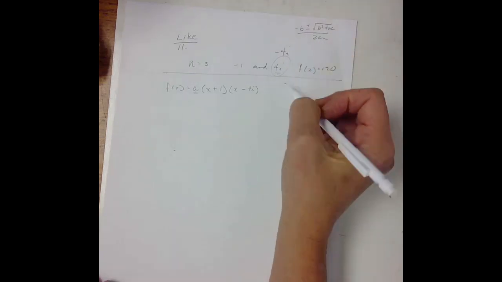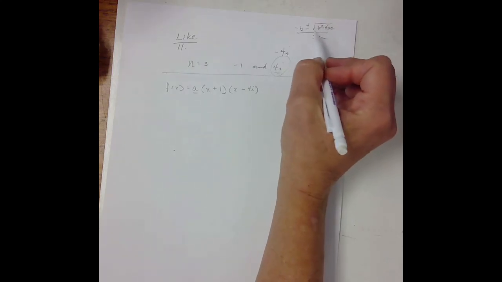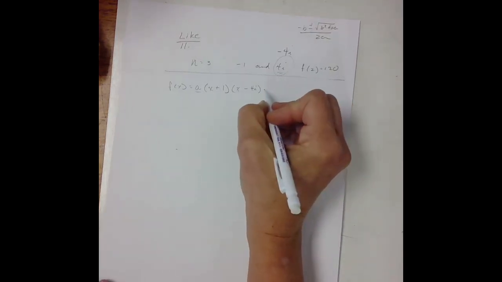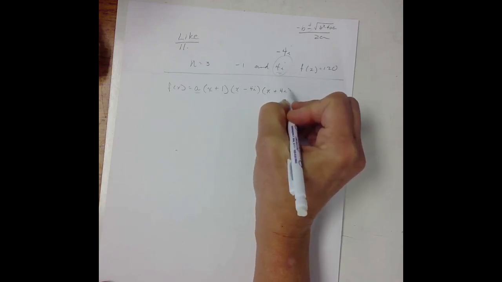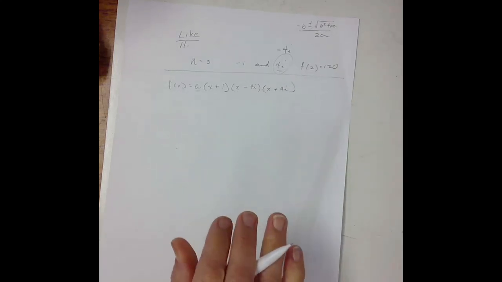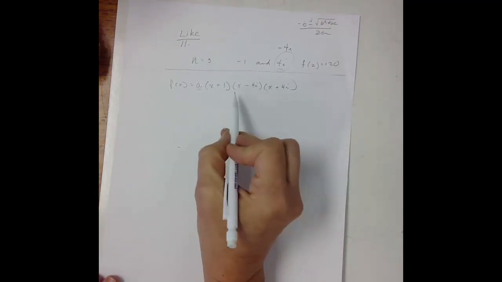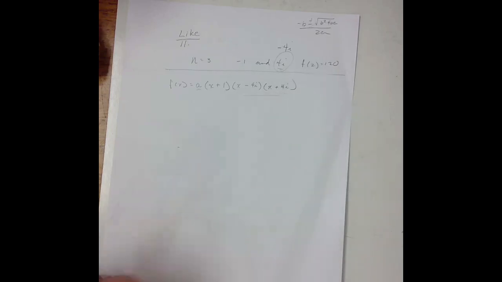If I had an imaginary number inside which gave me the 4i, that means the sign in front also says that I have to have a minus 4i as well. So I'm going to do x minus 4i, and then x plus 4i. Maybe you have to do 2 of these, but this one was a little easier. The next step would be that I would want to multiply these out.